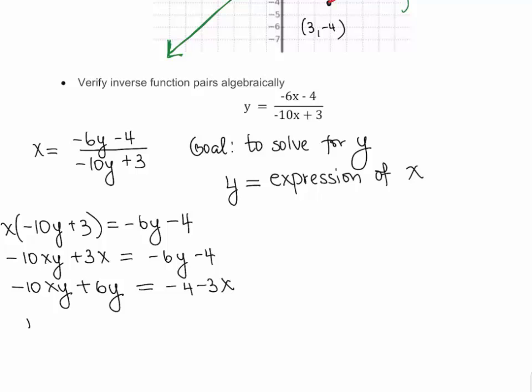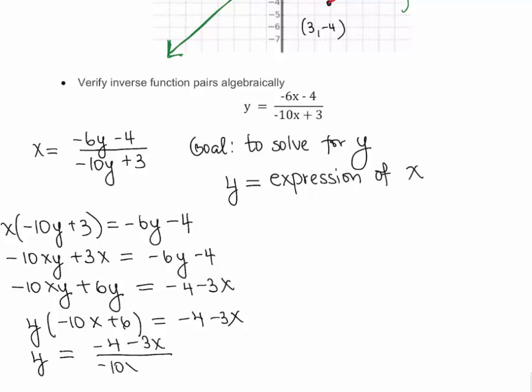We factor: y times (negative 10x plus 6) is equal to negative 4 minus 3x. The last step is just to divide by this expression, negative 10x plus 6. So we get negative 4 minus 3x over negative 10x plus 6.